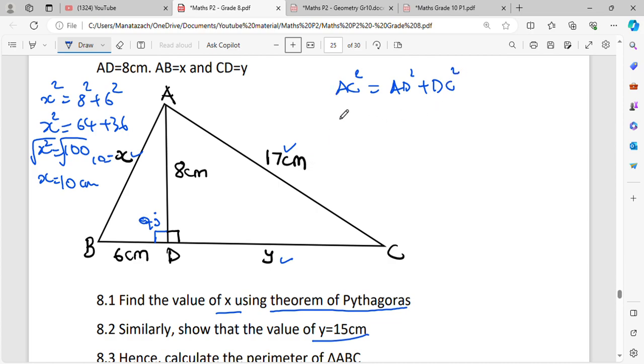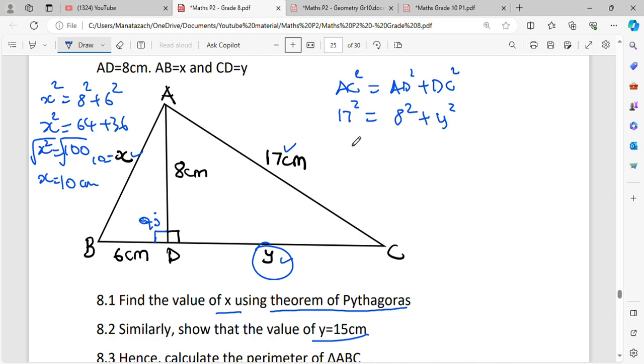AC is 17, our hypotenuse side, and then AD is 8 squared plus DC is y squared. Remember, our y is not the hypotenuse side, so let's not mix the sides up, just be careful with that.